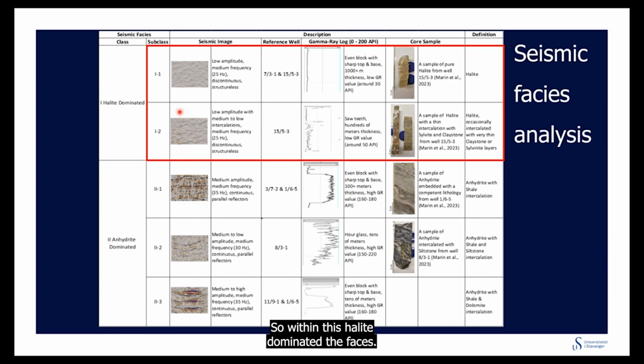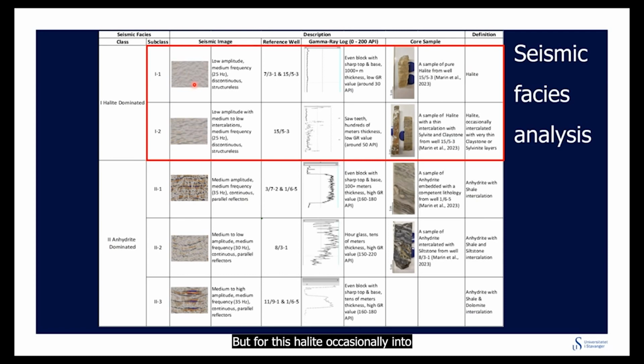Within this halide-dominated phases, we have 2 sub-phases. One is where the halide is pretty pure, and on the seismic, you can see this one has low amplitude, medium frequency, and is very chaotic. In most cases it is structureless.